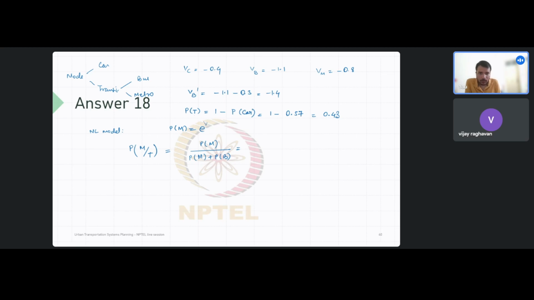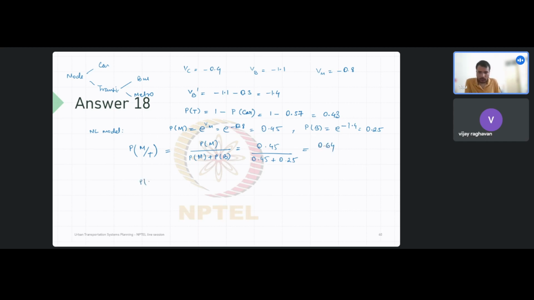So it will be e power minus 0.8, which is 0.45. Then we'll take probability of bus, so it will be e power minus 1.4, the utility. So it will be around 0.25. So 0.45 by 0.45 plus 0.25. So this will be around 0.64.